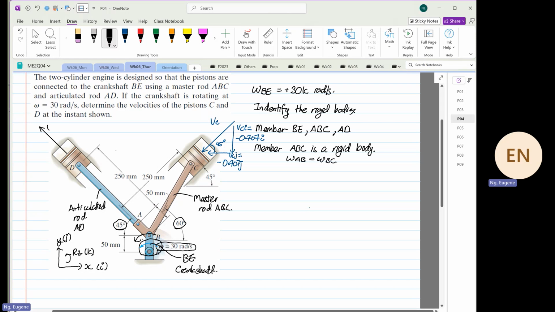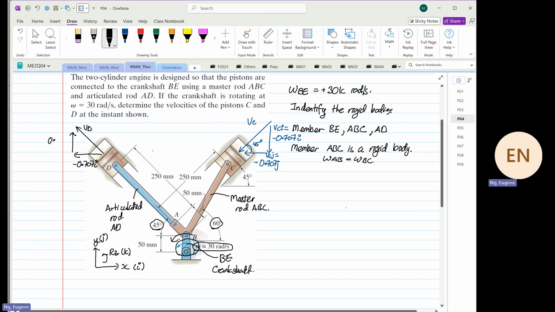So this is our VD. So we know that this is our velocity vector. So this is minus 0.707 I, and the one over here is 0.707 J. So this is VDJ, and this is our VDI.